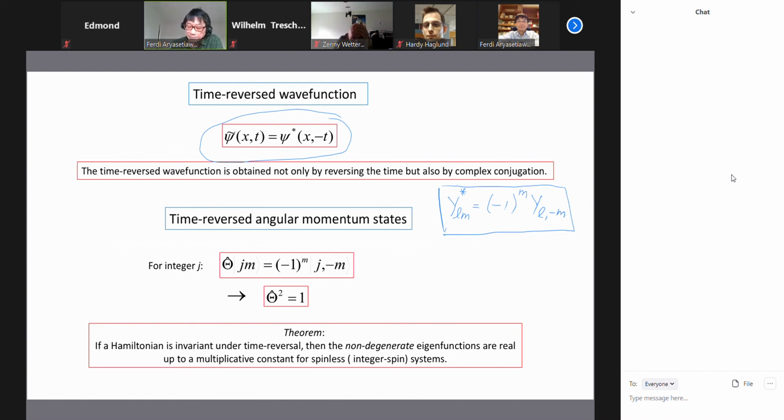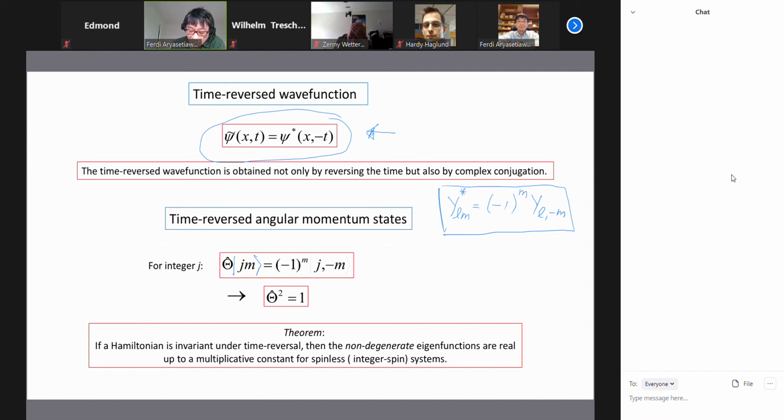So then, for integer j, we can use this property here that the time reverse state, so theta acting on the angular momentum state Jm, is the time reverse state of the angular momentum. It's just given by the star.